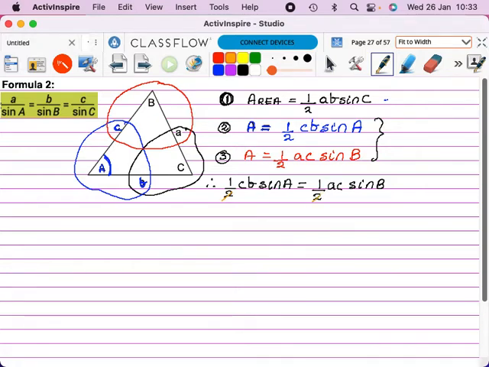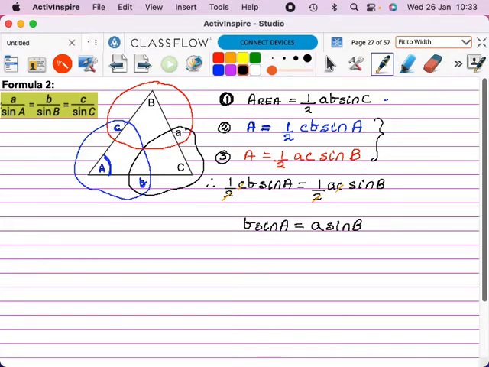So I'm going to cancel the 2. Do it in pencil so the examiner still sees the original. I can cancel the C's on both sides, and I can go to a rewrite line. And the rewrite line is B sine A is equal to A sine B.